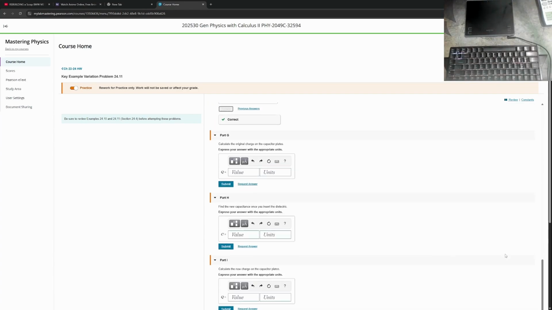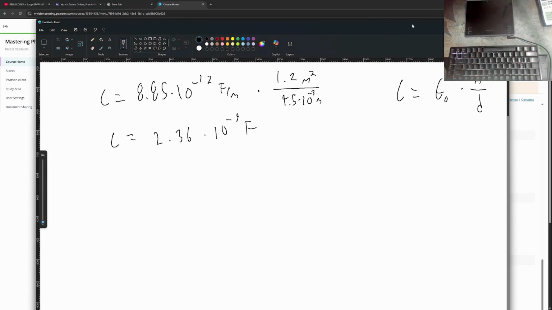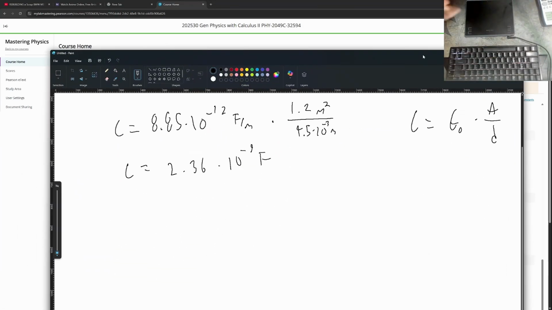So part G, calculate the original charge of the capacitor plates. It's basically the same formula you used earlier. The charge is equal to the capacitance times the voltage. So that'll be the 2.36 that we have, and then the 3.5 kilovolts, which is 3.5 volts times 10 to the power of 3. So our charge is going to equal capacitance times voltage.